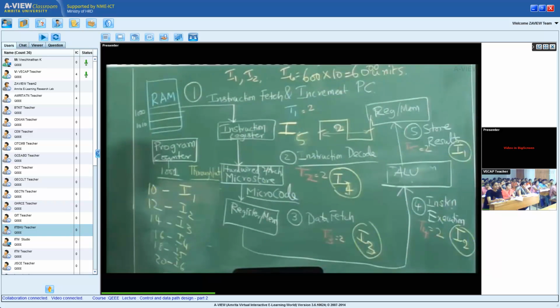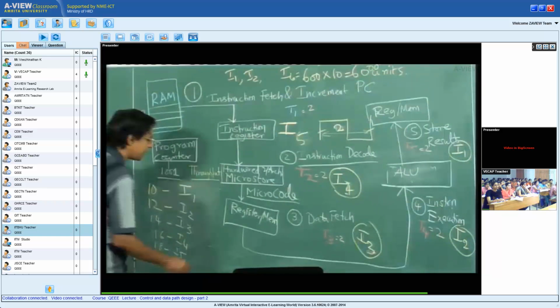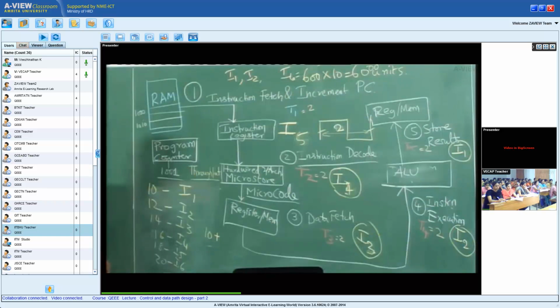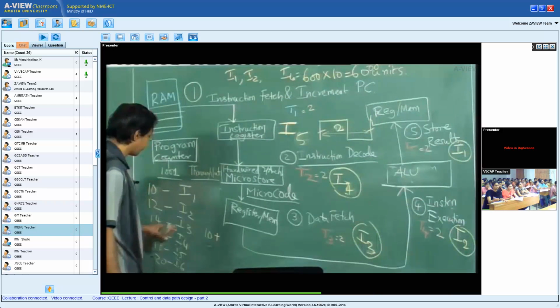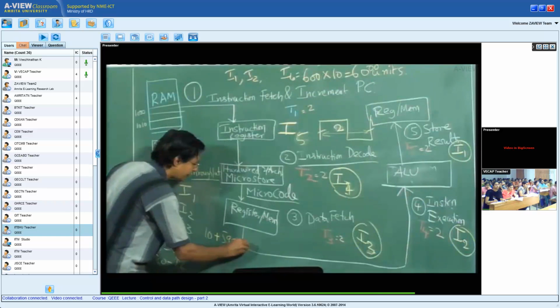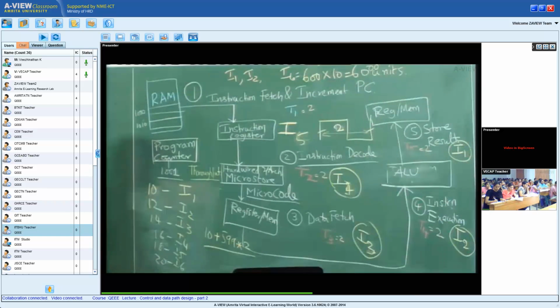So this will actually take 10 plus, every instruction you are going to get 2 units later, so it is going to be 10 plus 599 into 2.